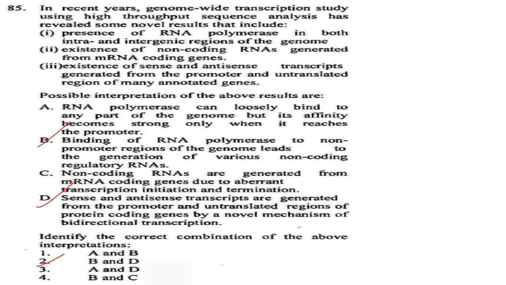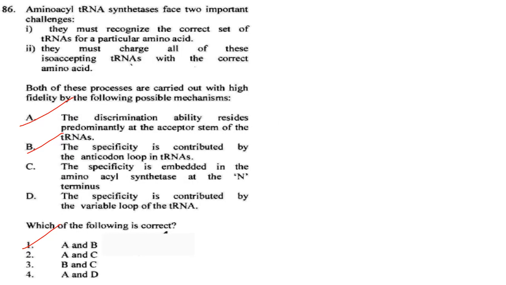Non-coding RNAs are generated from mRNA coding genes due to aberrant transcription initiation and termination. That is also not correct. Sense and antisense transcripts are generated from the promoter and untranslated regions of the protein coding genes by a novel mechanism of bidirectional transcription. That is also correct. So the answer here is option 2, that is B and D.